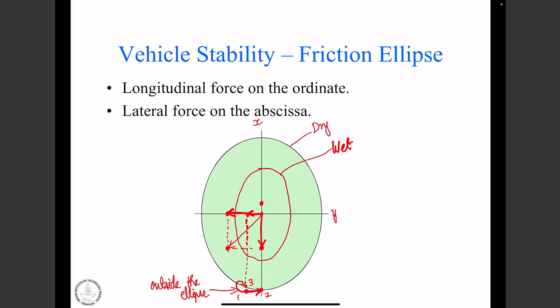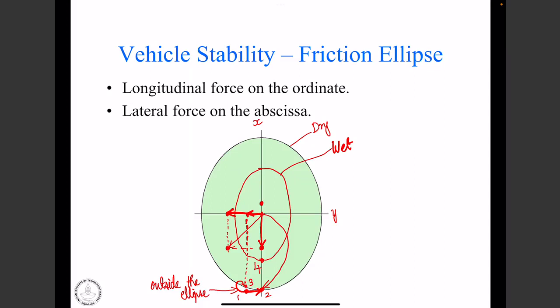Now we have a problem. Let us say we are going straight and due to some emergency, the driver slams the brake. The brake system has been sized to command a force which corresponds to 0.2. But now the dynamic limit available at the tire road interface is at 0.4, because the friction ellipse has shrunk.